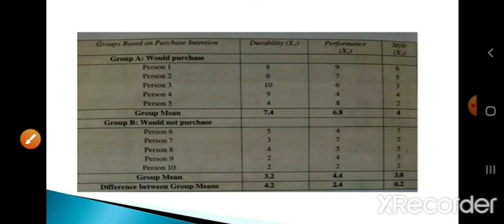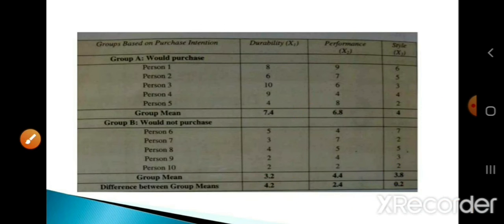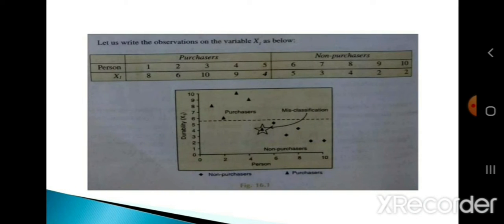The difference between the group means is 7.4 minus 3.2, which is 4.2. Similarly, the difference for the second is 2.4, that is 6.8 minus 4.4, and for the third, 4 minus 3.8, that is 0.2.